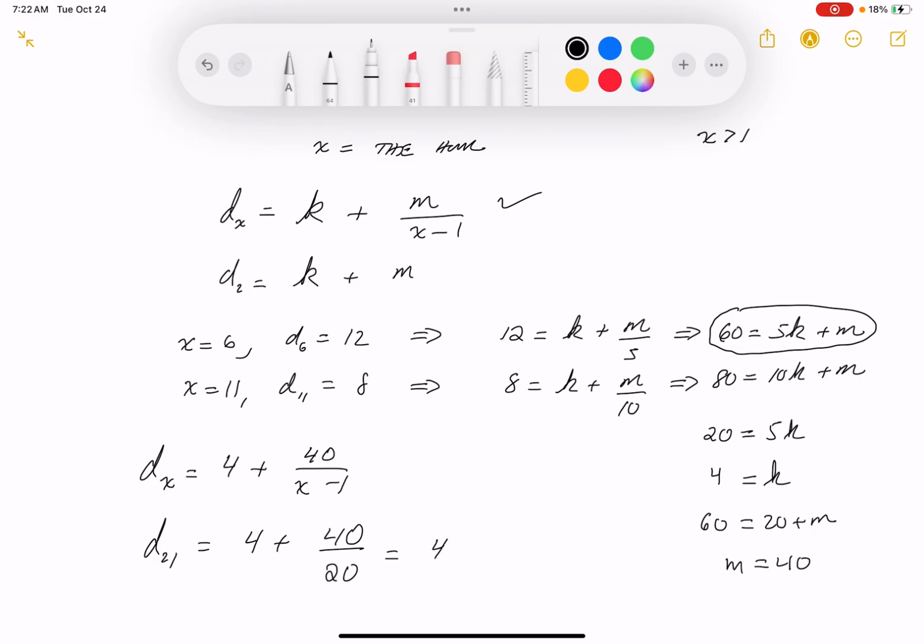This isn't so bad, right? So 4 plus 2, which is 6. And the units in this thing are miles. Let me just make sure they did say that. Yeah, they did say miles. So the answer here is, he travels 6 miles in the 21st hour. Thank you.